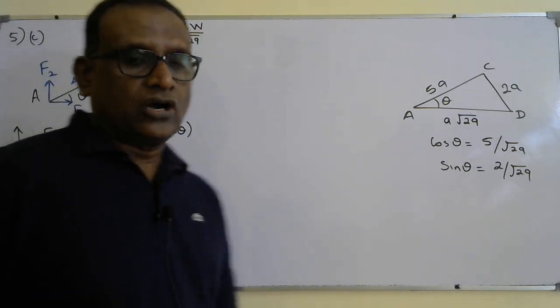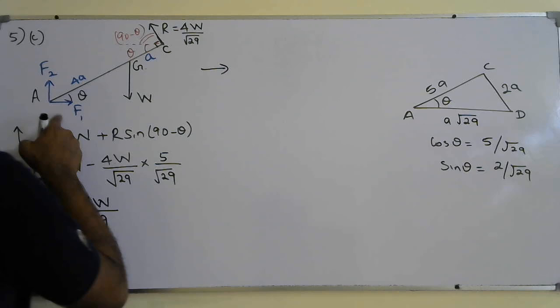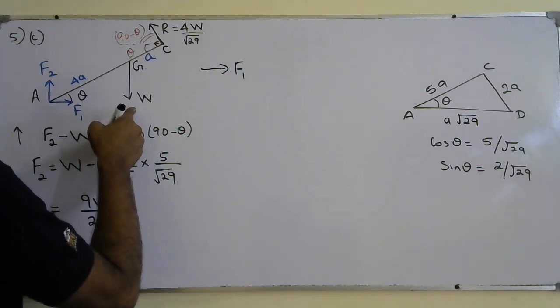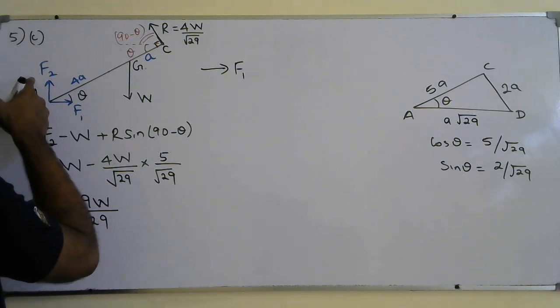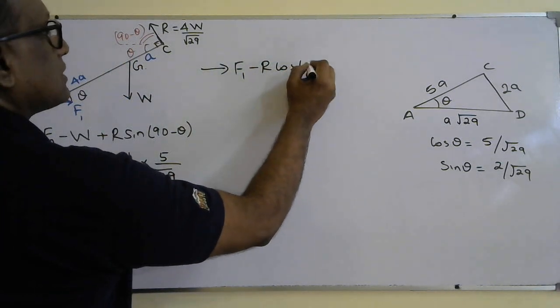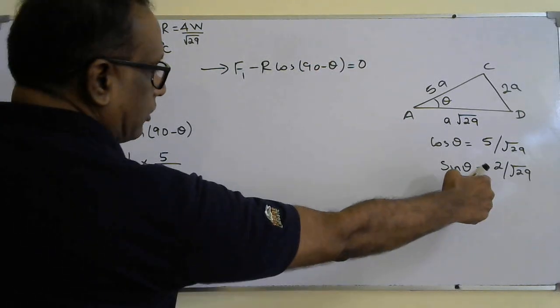Okay, then I'll resolve horizontally. When I resolve horizontally, F1 minus R cos(90 minus theta) equals 0. The vertical forces have no horizontal component. Cos(90 minus theta) is sin theta, which I also know.